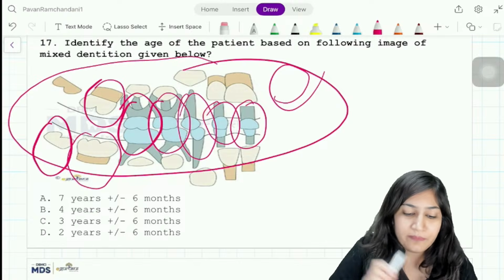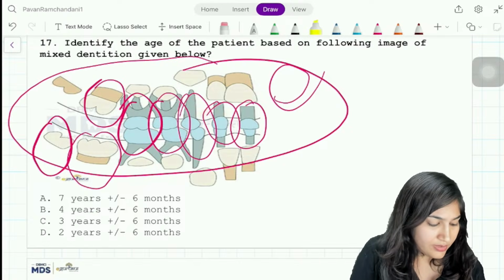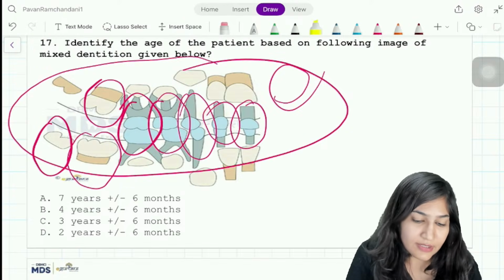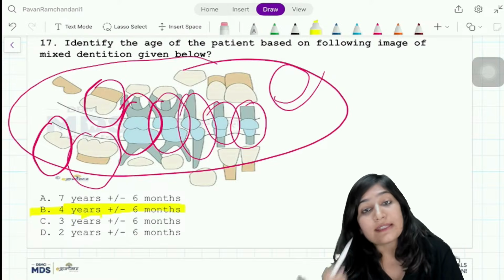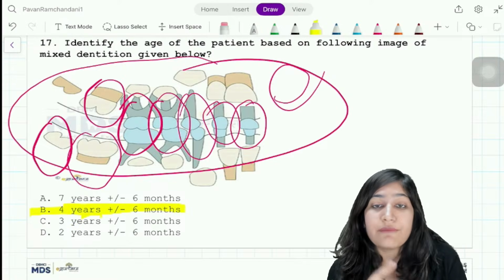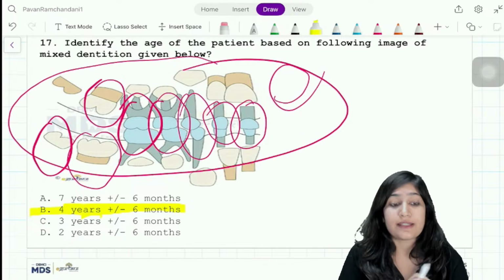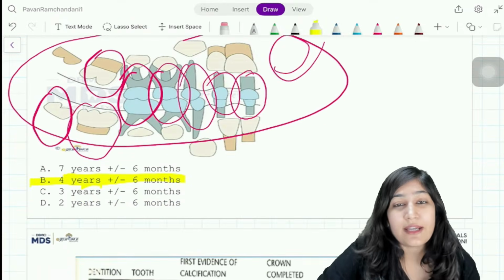Yes, Akash. Good. Lavanya. Anurag, why 7 years? Here 4 years will be the correct answer. If incisors would have been erupted, then it would have been 7 years. But incisors have not yet erupted. We have primary incisors. So B is the correct answer here.